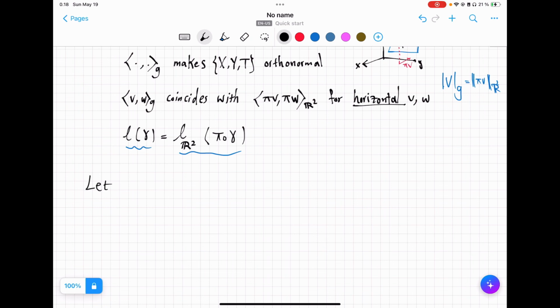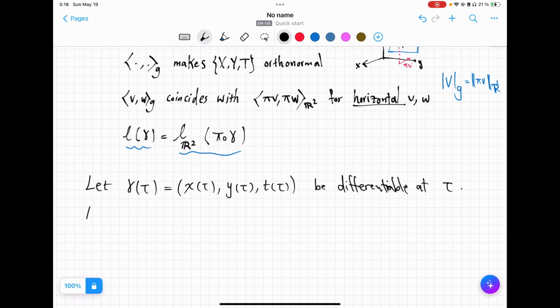Let us introduce the curves by the functions giving their first, second, and third coordinates. So let this be differentiable at some tau.